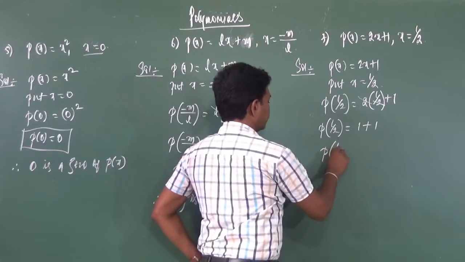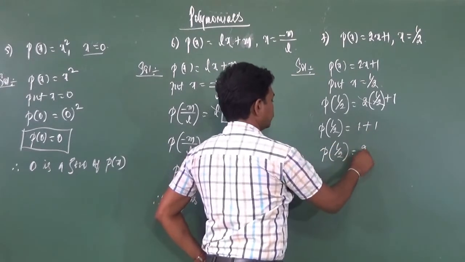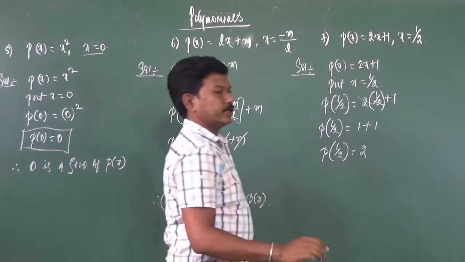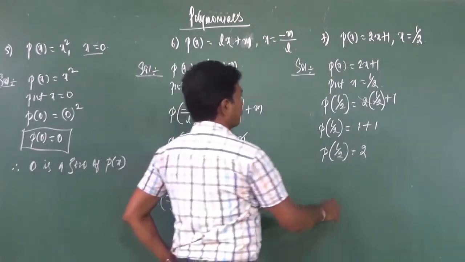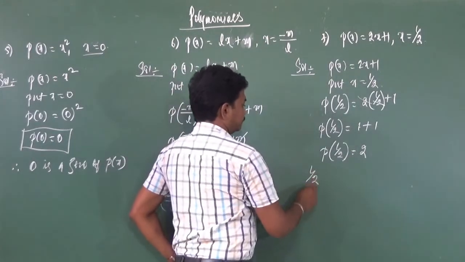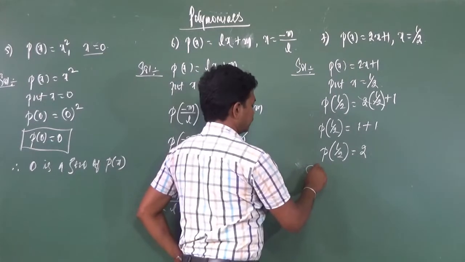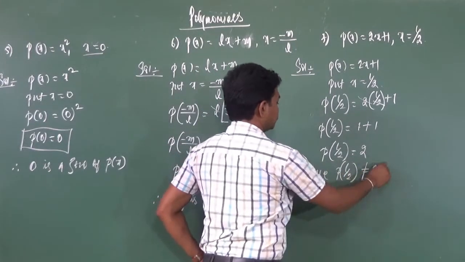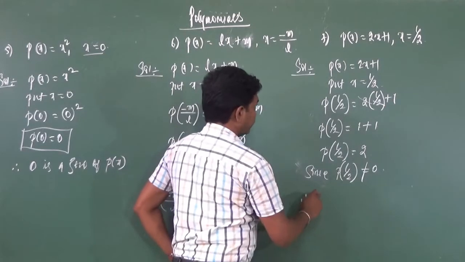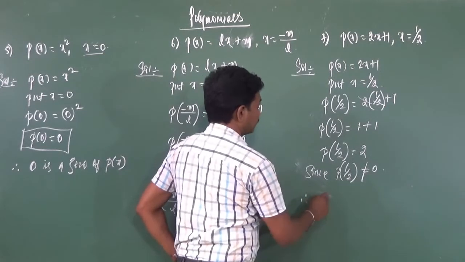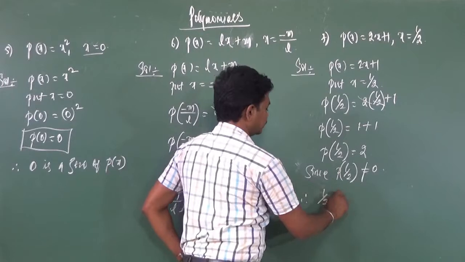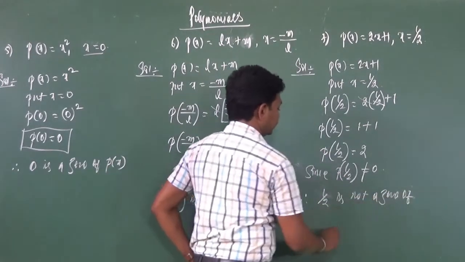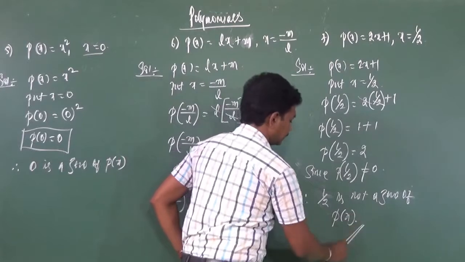So p of 1 by 2 is equal to 1 plus 1 is 2. So here, as p of 1 by 2 is equal to 2, it is not equal to 0. So therefore, since p of 1 by 2 is not equal to 0, 1 by 2 is not a 0 of p of x. Right.